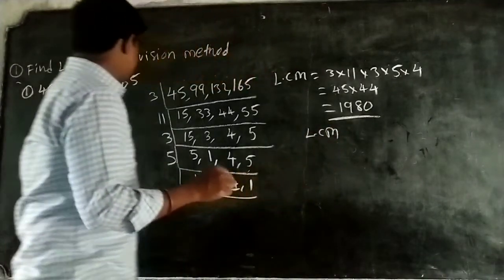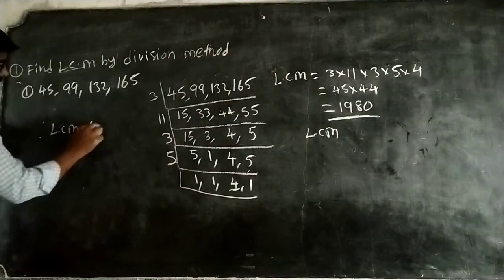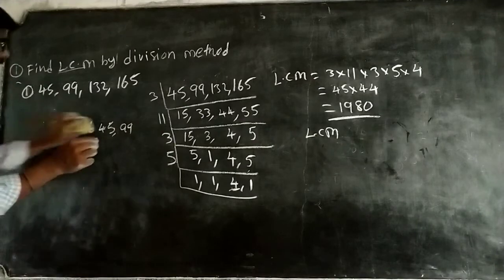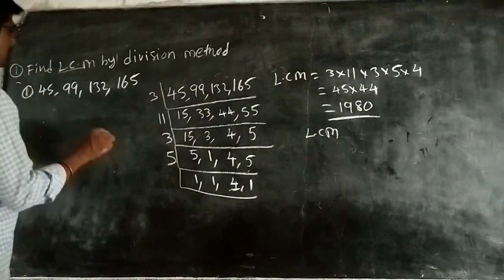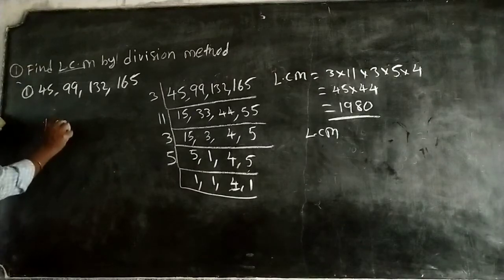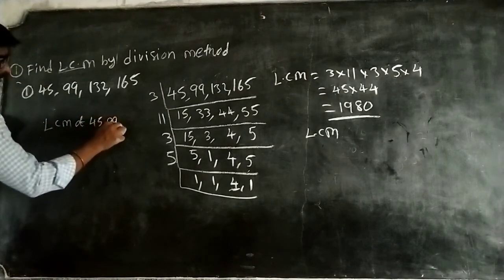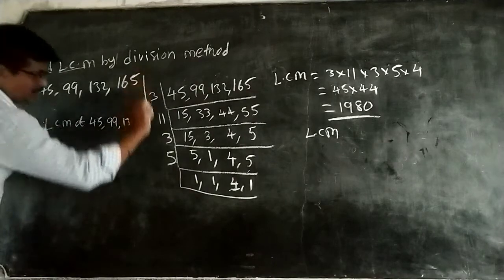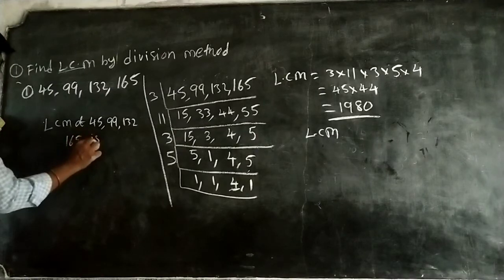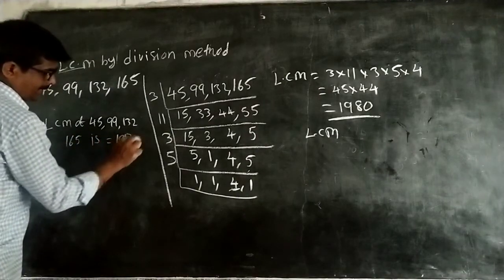Therefore, the LCM of 45, 99, 132 and 165 is 1980.